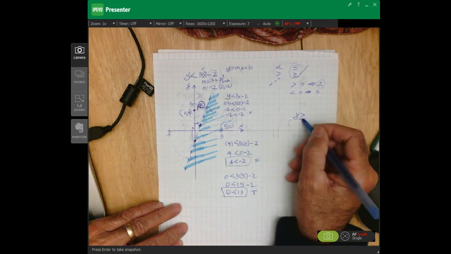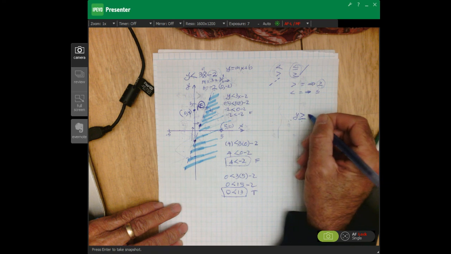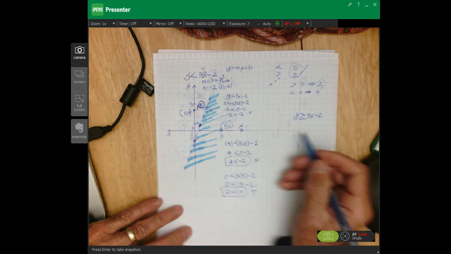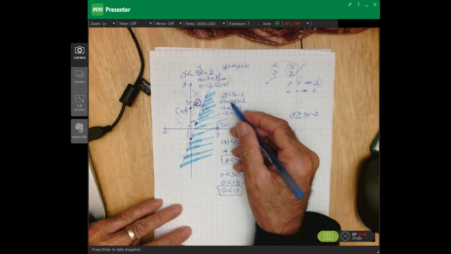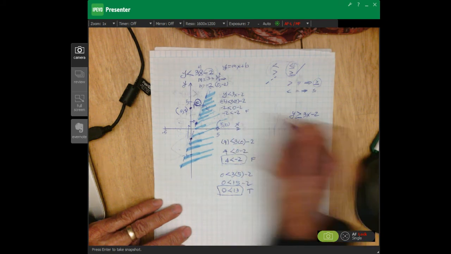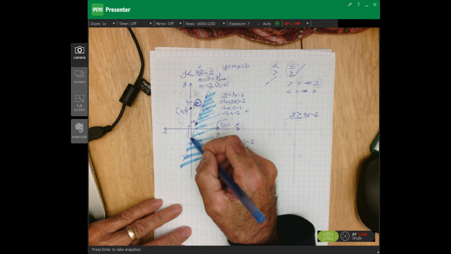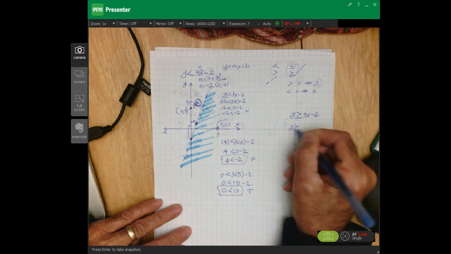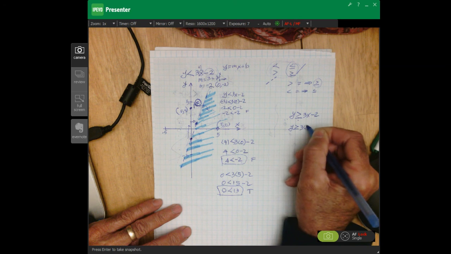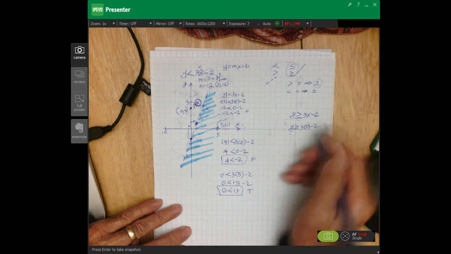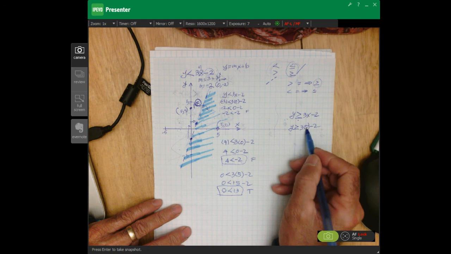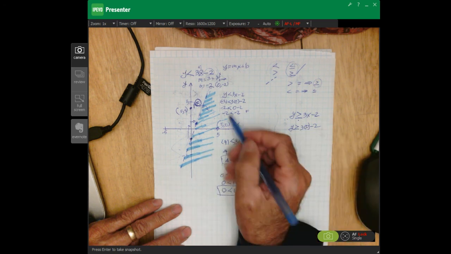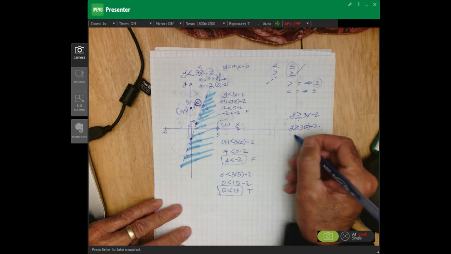Something like this, let's say we use the same exact numbers. If we plug this in, let's say 0, 2, right? So y is greater than or equal to 3 times 0 minus 2. If we were trying to find out the y value by plugging in the 0, we should get a -2, just like we got up here, right?